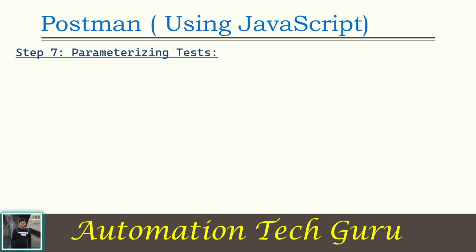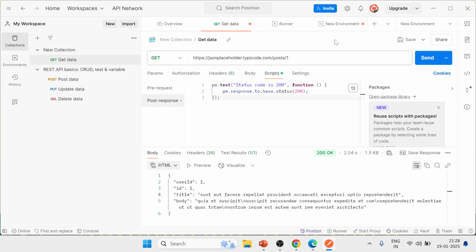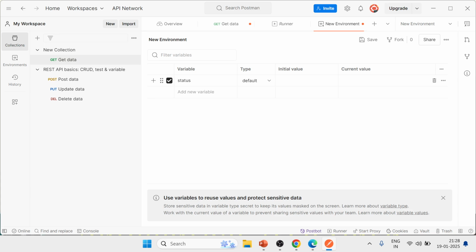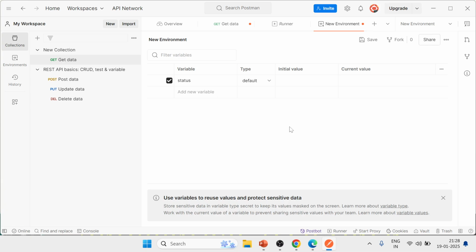Next is, it's already given: save response data, const jsonResponse, and then pm.environment.set. This is the post id and json id. So as I said, as I added status, instead of the post id you can have the status, and then the data will automatically come whenever you run. The JSON data response will come and based on that id it will reflect here also.